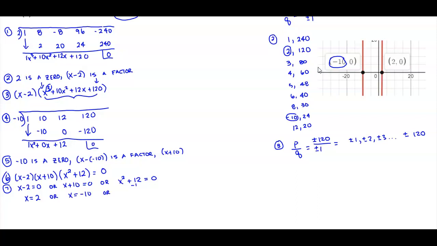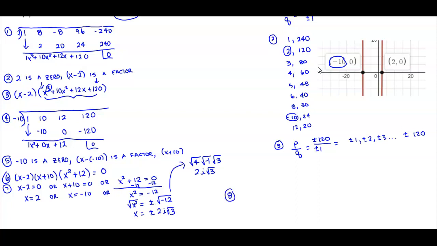Or here, we subtract 12 from both sides, and we get x squared equals negative 12. Then we take the square root of both sides. Remember, that's plus or minus the square root of negative 12. Keep in mind that this becomes the square root of 4, which is a perfect square, times the square root of negative 1, times the square root of 3, which gives us 2i times the square root of 3. So x is going to equal plus or minus 2i times the square root of 3.